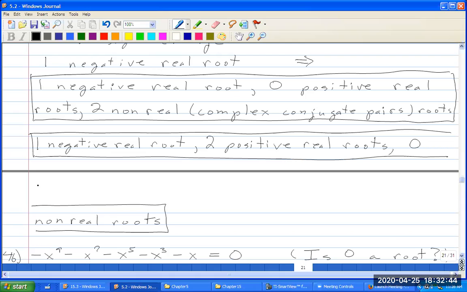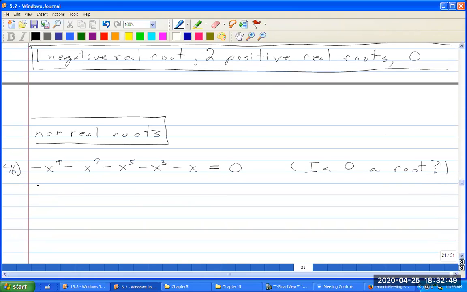Let me do problem number 46. So it's the same sort of thing.